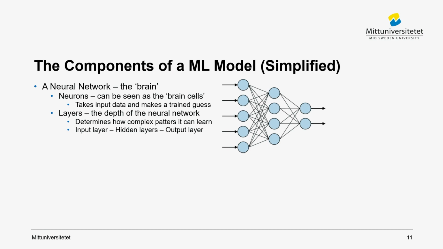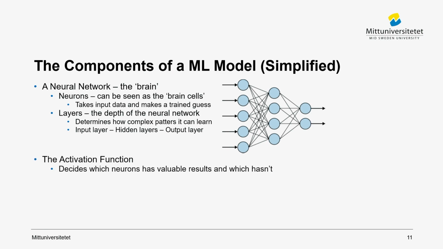And this depth is also what defines the deep neural network. That means just that it is a neural network that has many layers. So we have the input, a number of hidden layers, and an output layer, and it sort of determines how complex patterns this machine learning model can learn.